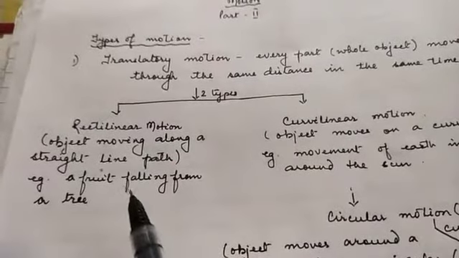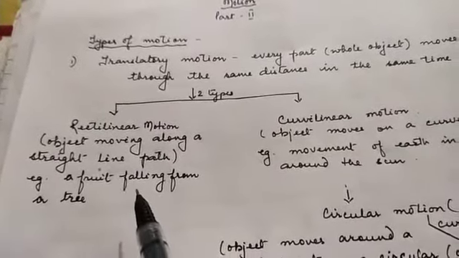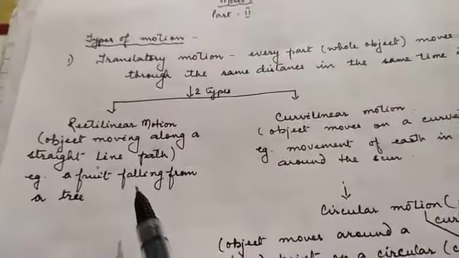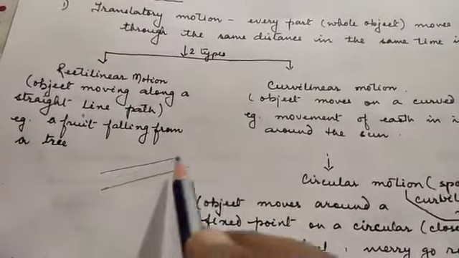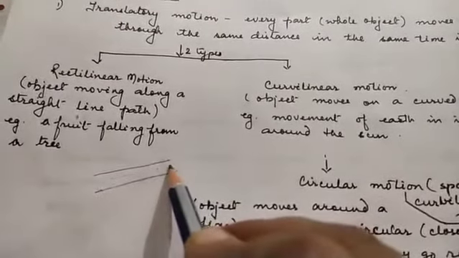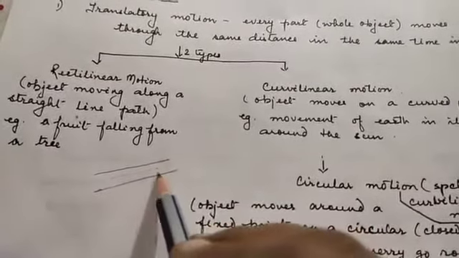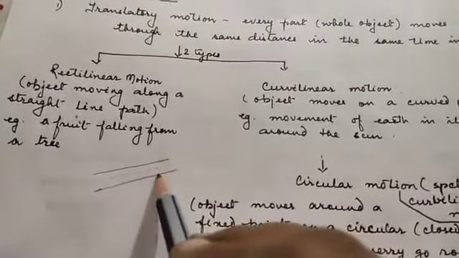When a car moves on a straight road, then that is also rectilinear motion. Suppose this is a straight road, and a car is moving on it. Till it is moving on this straight line, it is in rectilinear motion. Then suddenly there is a turn over here.